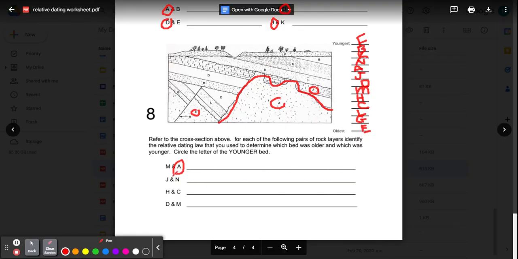And N would be younger because N is on top of J. H and C. H had to have happened because it cuts C. And then, what? D and M. D would be younger. There you go. Okay, and then give your reasoning. Why did that happen?